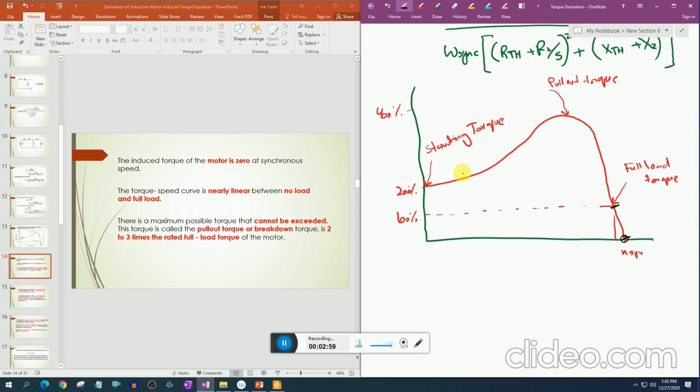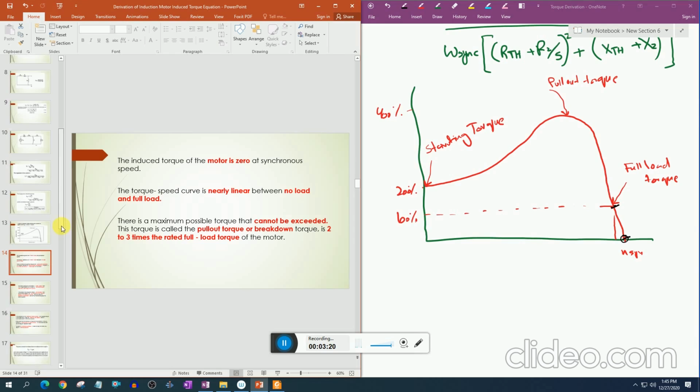Before this torque, the motor will operate, and it is 2 to 3 times the rated full load torque. If rated full load torque is 100%, it is approximately 300 or 400%, which is 2 to 3 times the full load torque.